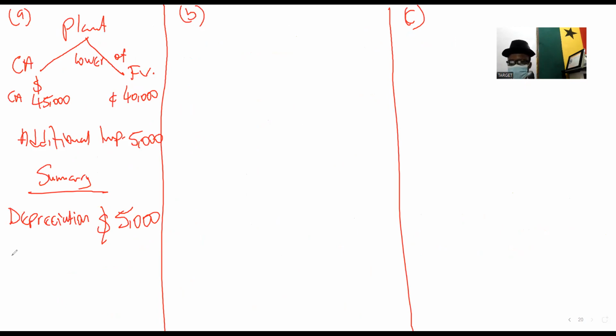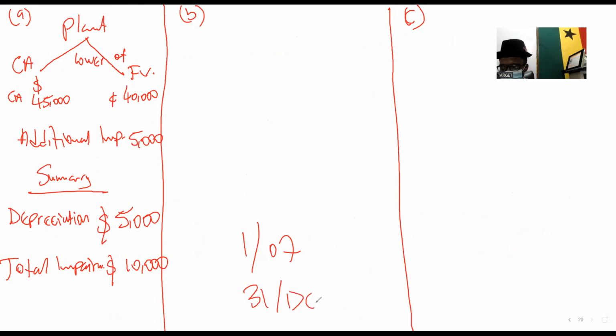Then total impairment. For that particular year, the total impairment will be how much? $10,000. You agree: 5,000 was as at 1st July, and another 5,000 as at 31st December. It's a coincidence that it's 5,000 and 5,000.